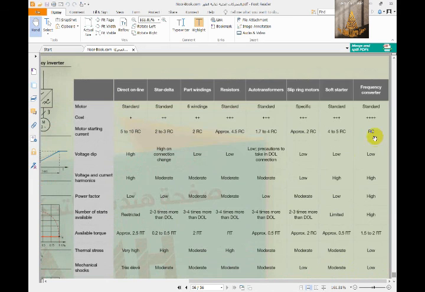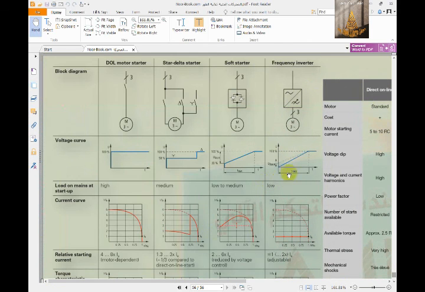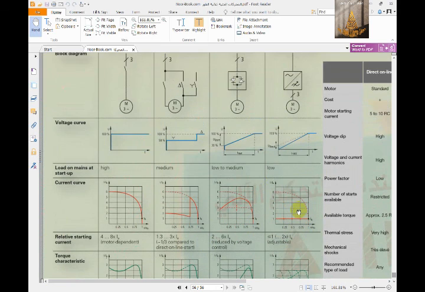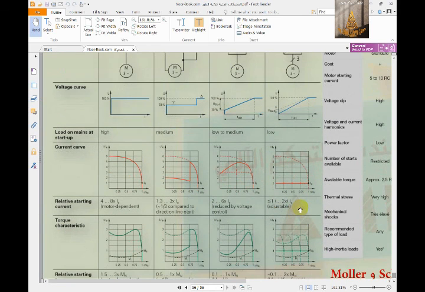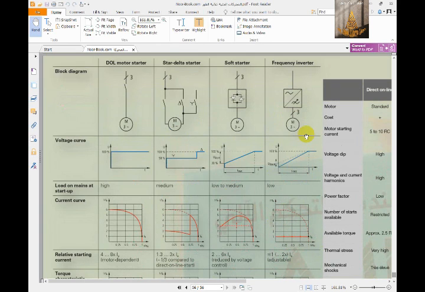Is it the frequency converter or the inverter, according to the stable torque, the low current, and starting from 0 voltage? But also it's the highest, it's so expensive according to cost.